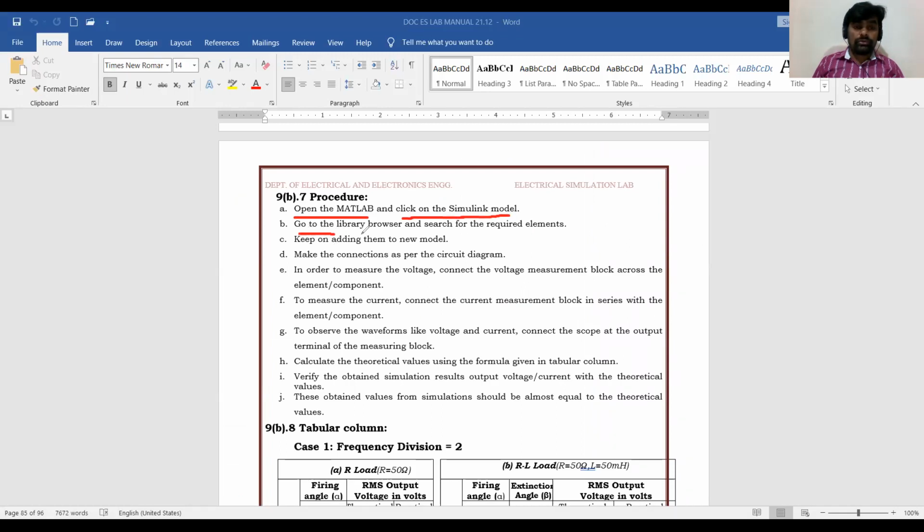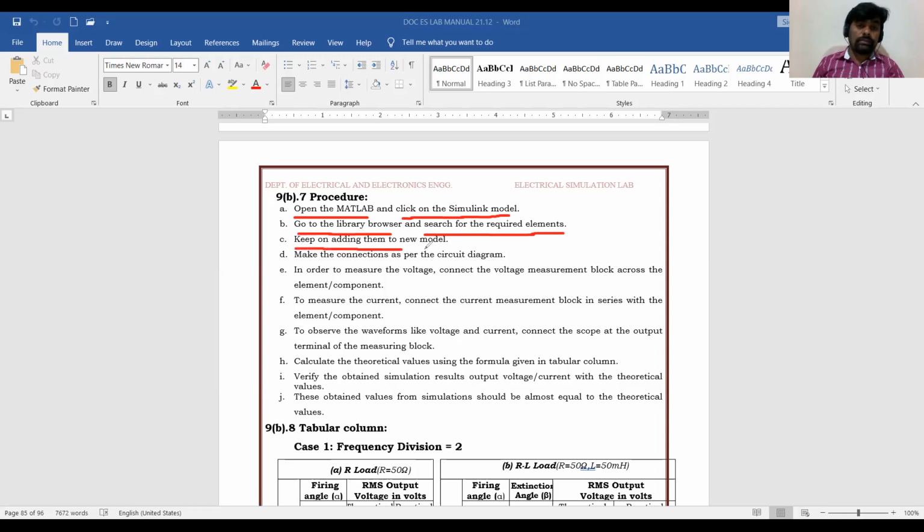Then you need to go to library browser and search for the required element. Like if you want resistor, you can go for RLC series branch. If you want to measure the current, you need to go for current measurement block. If you want to see the output voltage waveform, you need to go for output voltage measurement block like this.